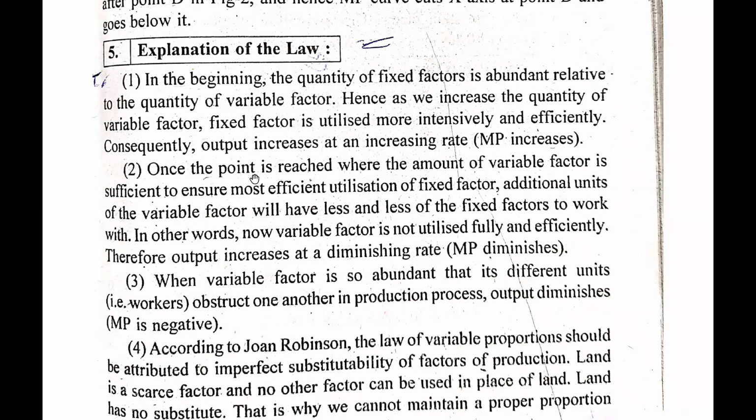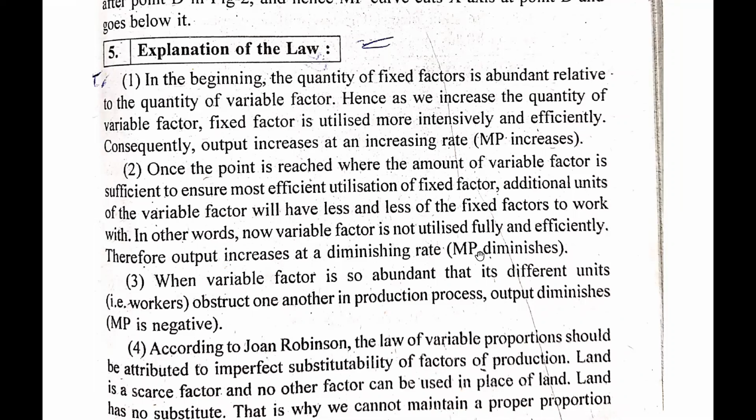In the second point, once the point is reached where the amount of variable factor is sufficient to ensure efficient utilization of the fixed factor, additional units of the variable factor will have less and less of the fixed factor to work with. In other words, now the fixed factor is not utilized fully and efficiently. Therefore, in the second stage, output increases at a diminishing rate.